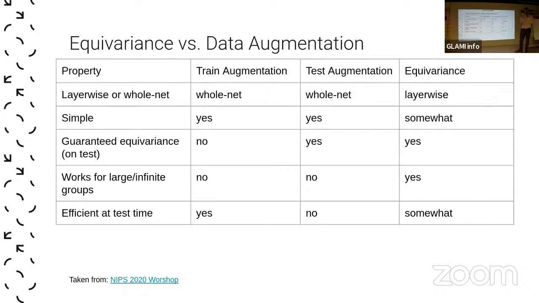But if you want to use some embeddings from the middle of the model, you have no idea if it is really equivariant or not. You just know that the whole model is equivariant. With the approach of constructing equivariant neural networks, you know that every layer is equivariant to what you want.